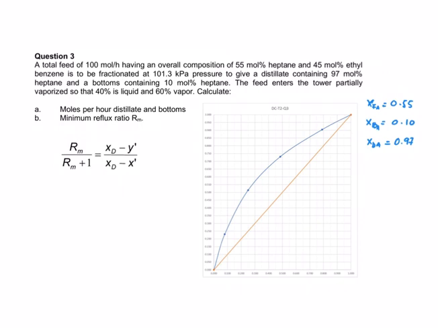The pinch point is the point where your operating line intercepts with your equilibrium curve. It doesn't matter whether it comes from the EOL, SOL, or QOL. At least one of the operating lines will intercept with the equilibrium curve, and that will give you the pinch point.